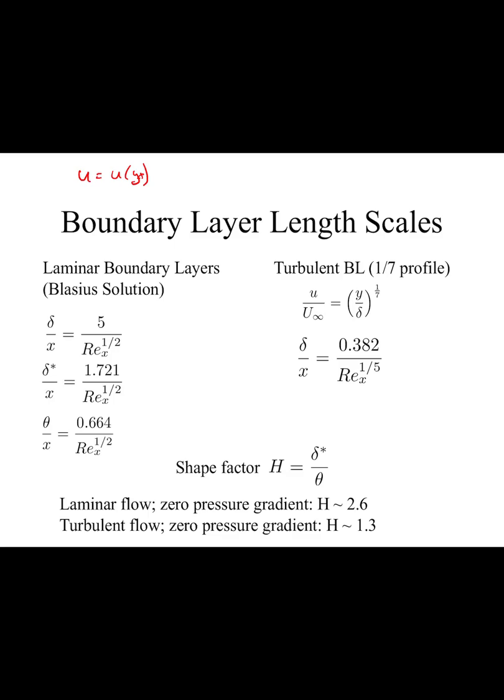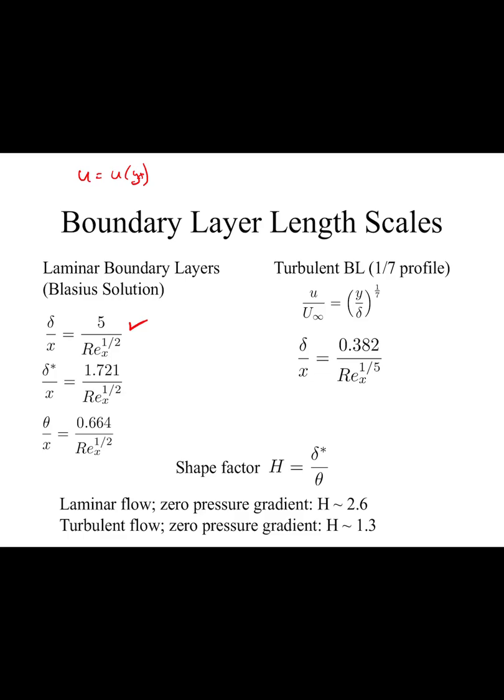Then we're able now to compute the length scales that we talked about last class. So if we take the Blasius solution and plug it into our various equations for delta star and theta, then first of all, this is the exact solution to the boundary layer thickness, delta, because it was an actual analytical solution solved with the boundary condition that as y goes to delta, u goes to u infinity.